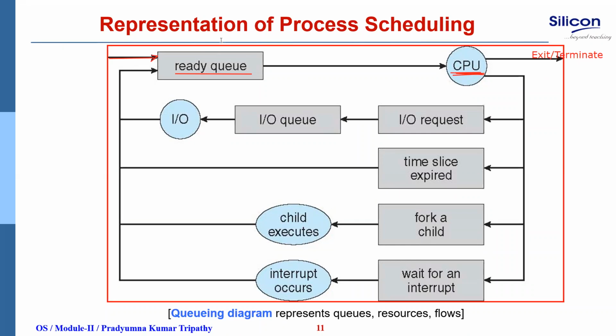So the process in the ready queue is given to the CPU, and when all instructions are executed, it goes to the exit or terminate state. This is state work. But during execution, it is not necessary that all the instructions will be executed at the same time. There might be some problem, or some IO occurs, some event.